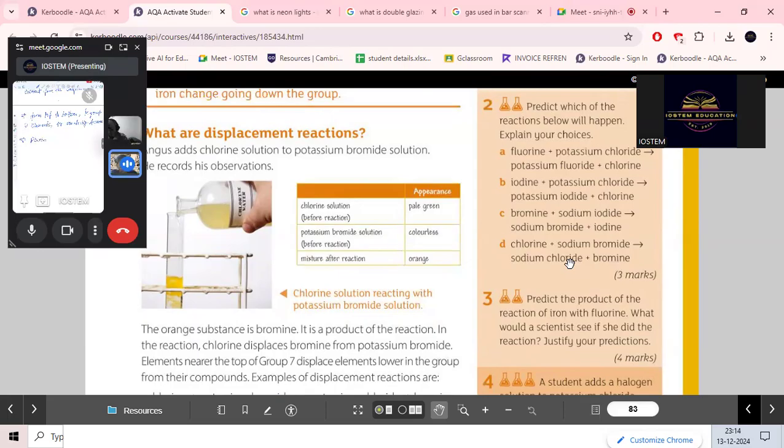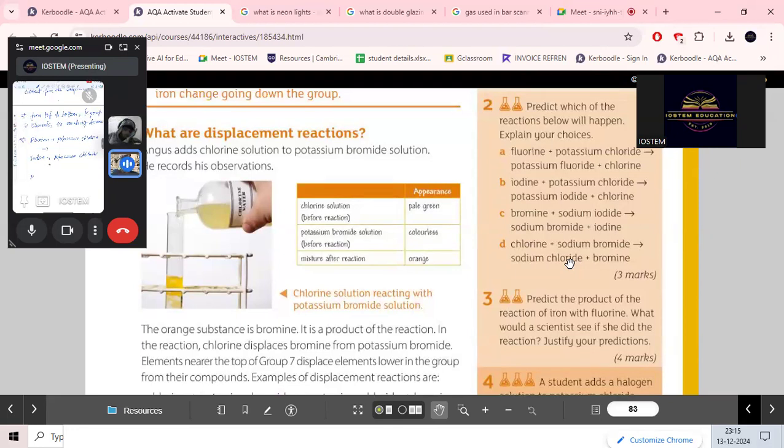If fluorine is added to potassium chloride, and next, if iodine is added to potassium chloride, then what will happen?